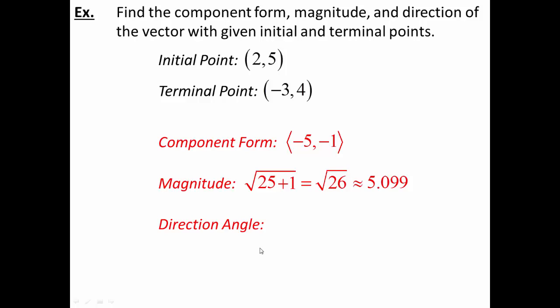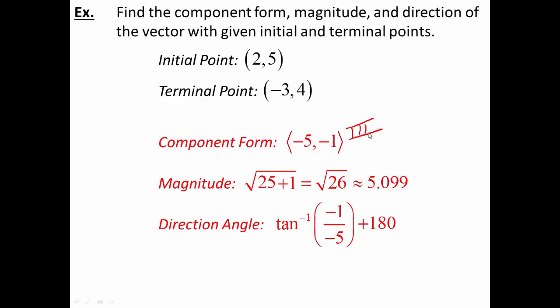And then direction angle, we'll use the inverse tangent of b over a, which is negative 1 over negative 5. Now notice, of course, the negatives aren't really necessary because they would cancel each other out, but I like to put them there anyway, just as an extra opportunity for me to double check which quadrant I'm in. If it's a double negative, that means I must be in the third quadrant. And if I'm in the third quadrant, I need to make an adjustment, and that adjustment is to add 180.